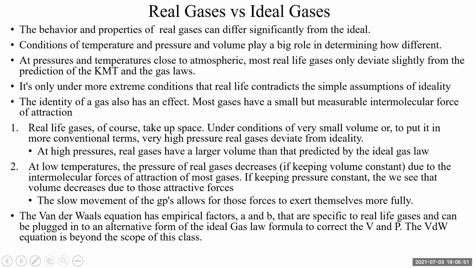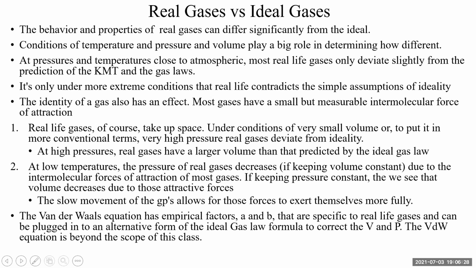So just as an object approaching the Earth or approaching the sun might slow down and even slam into the Earth and not move away from the Earth or see its path adjusted, one gas particle will be attracted to another in real life if it slows down enough, and they might actually start to coagulate together, or at least draw closer to one another. That results in less volume or lower pressure. If you hold pressure constant, the volume of a gas will decrease because its particles are going to be attracted to each other at low temperature.